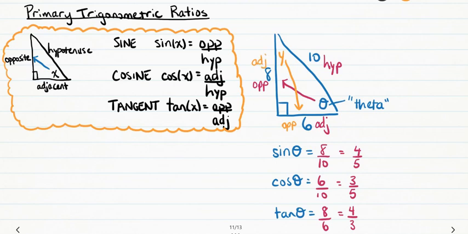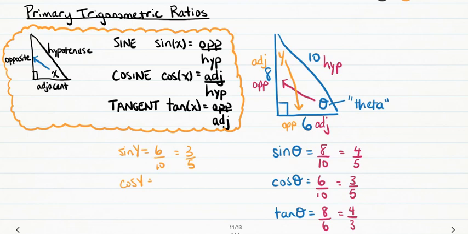So if I now state the primary trig ratios for this angle y, we have that sine y is equal to the opposite over the hypotenuse. So in orange here, we've got opposite is 6, hypotenuse is 10, and that simplifies to 3 over 5. Cosine ratio for angle y.